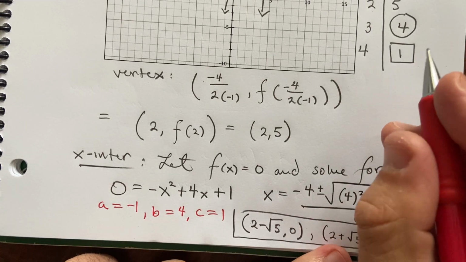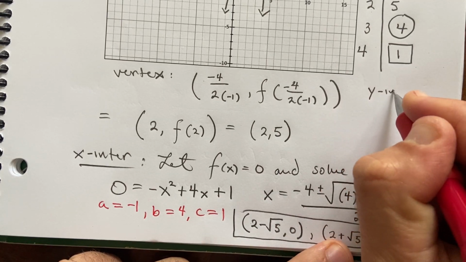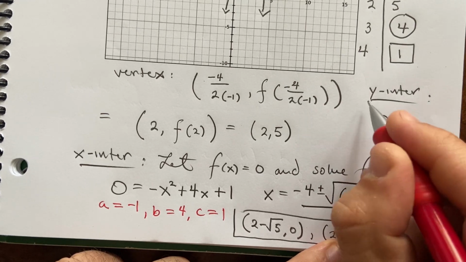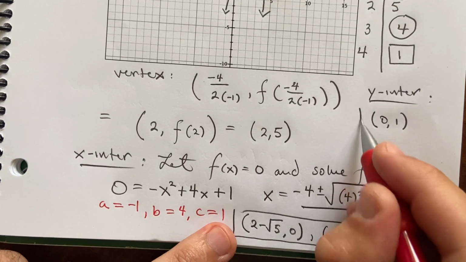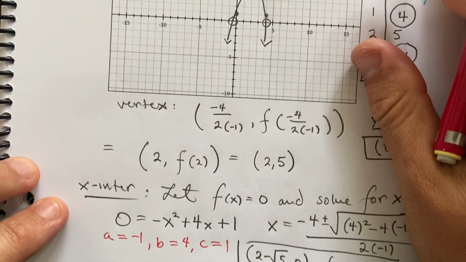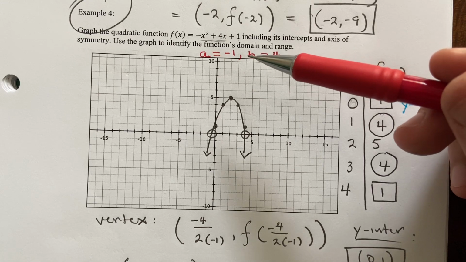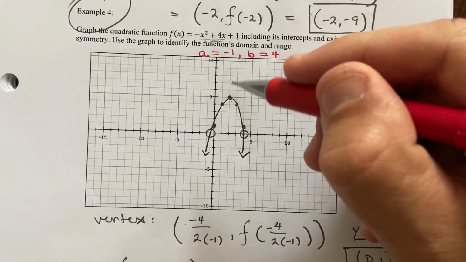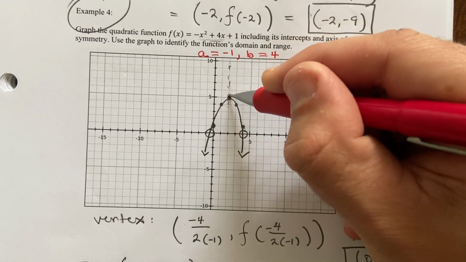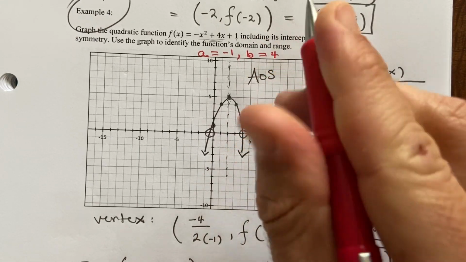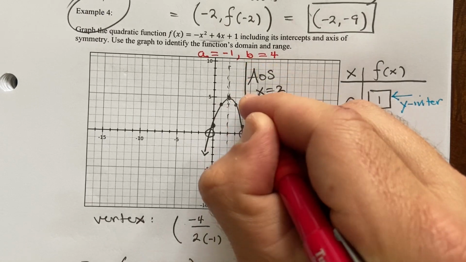And then maybe just right here, I'll state the y-intercept explicitly: 0, 1. So those are a couple of things we wanted. It said including intercepts, axis of symmetry. The axis of symmetry in this case is going vertically through 2. So axis of symmetry, x equals 2.